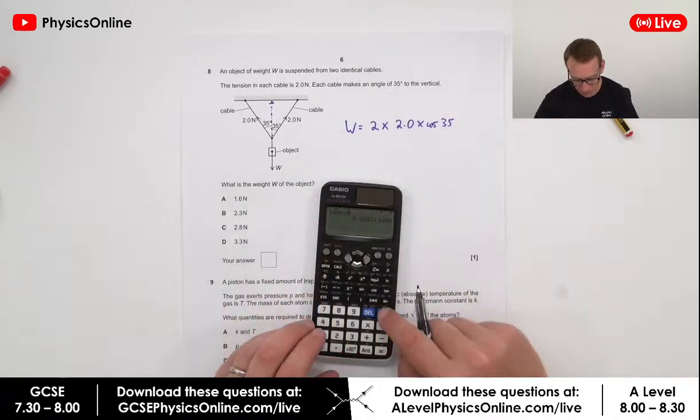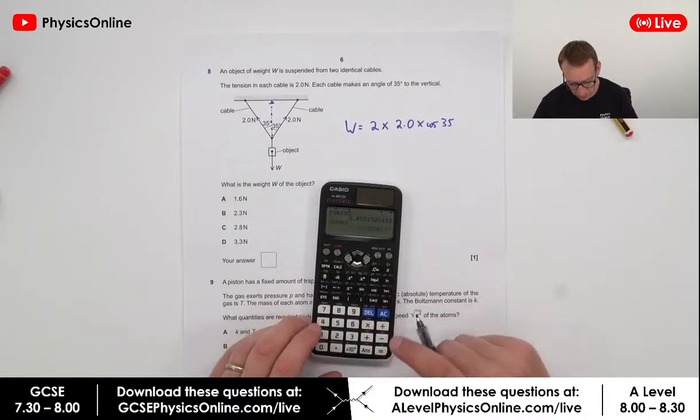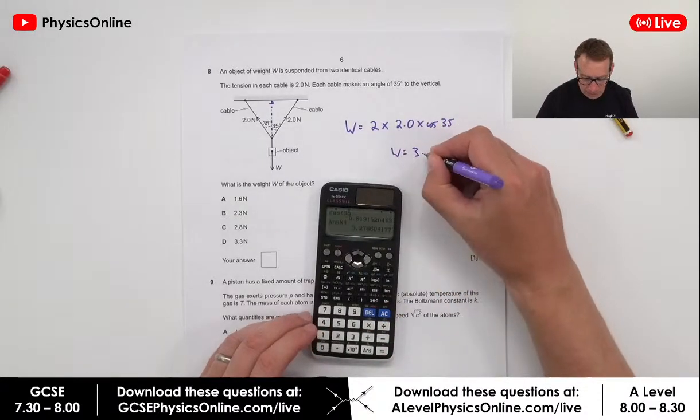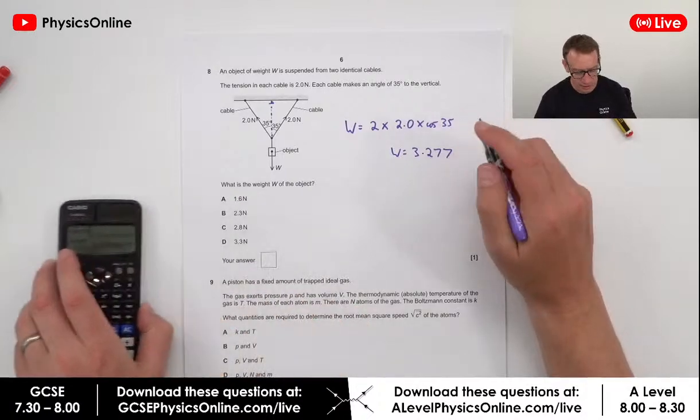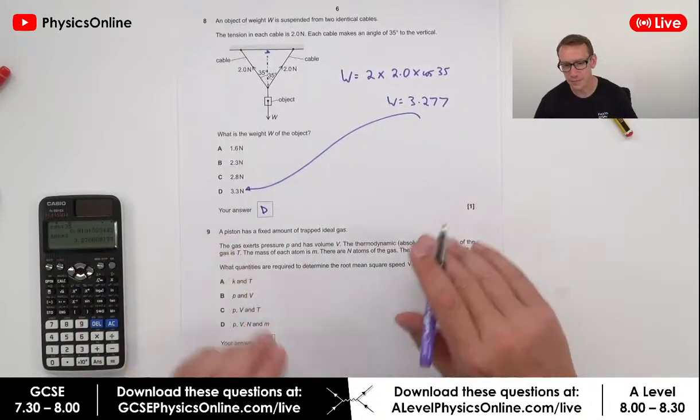So therefore it's cos 35 times 4, and the weight is equal to 3.277. So I would say that's going to be this one over here, and therefore the answer is D.